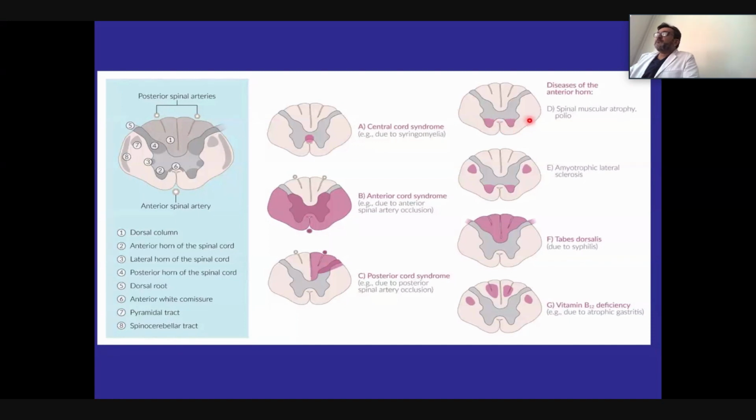Those things can happen because of damage to the anterior gray horn cells. This is spinal muscular atrophy, and you might find a mutation of the SMN1 gene in this patient later on. That will give you a sign that this is a congenital disease, spinal muscular atrophy.